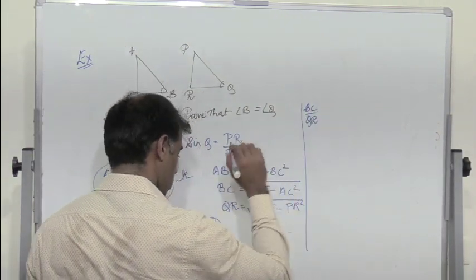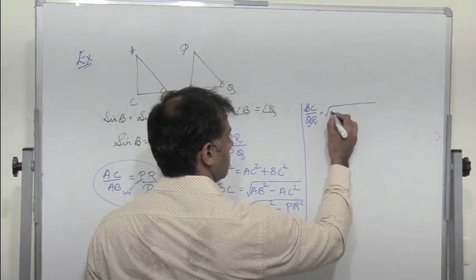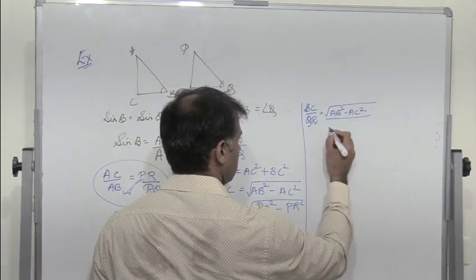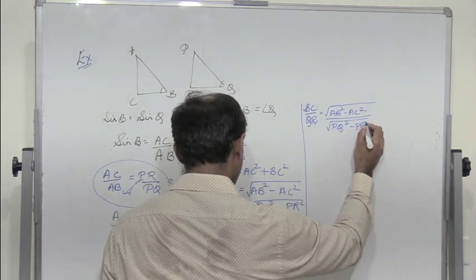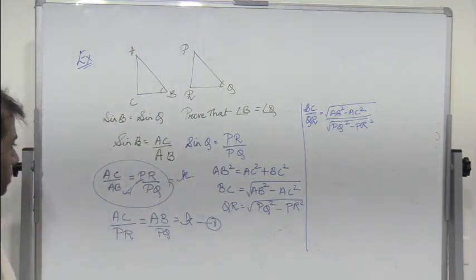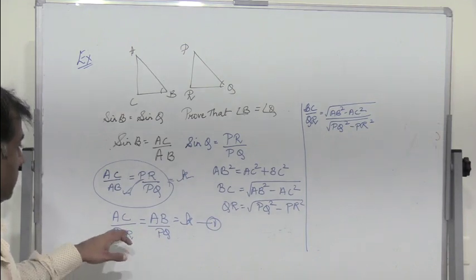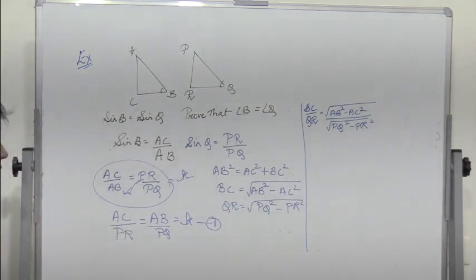So BC by QR is nothing but equal to root of AB square minus AC square divided by root of PQ square minus PR square. So now the question is, what is AB and what is AC? Now can I represent AB and AC in terms of PQ and PR?